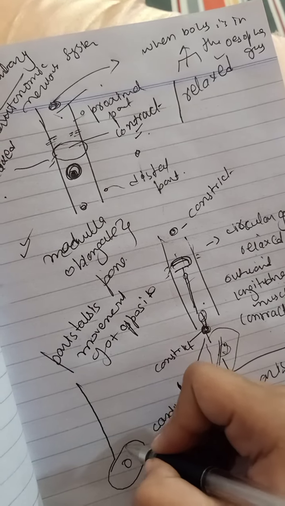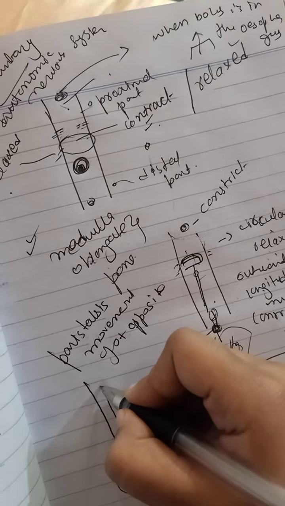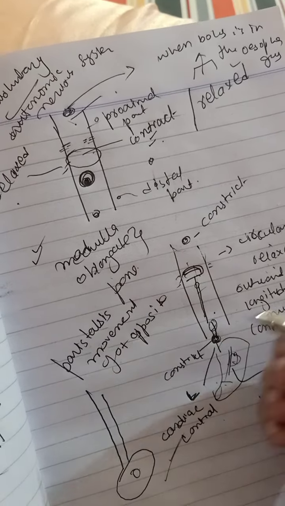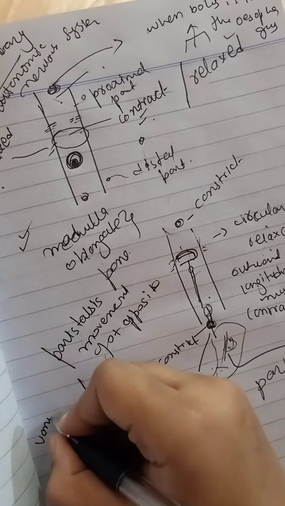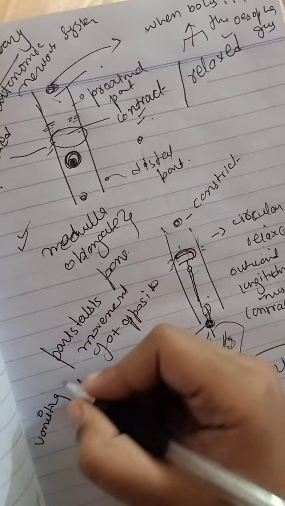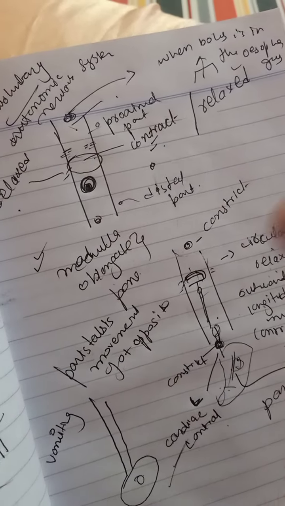What if the peristalsis movement went in the reverse direction? Through this, the vomiting starts.